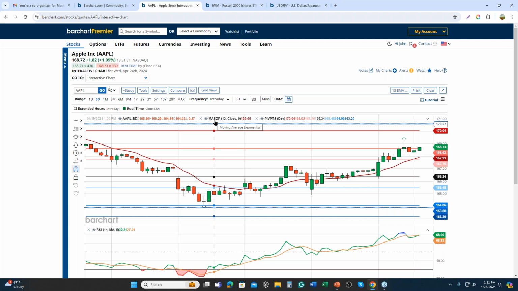So this exponential moving average is a nice moving average because it gives you an internal momentum trend, and it can also act as levels of support and resistance.